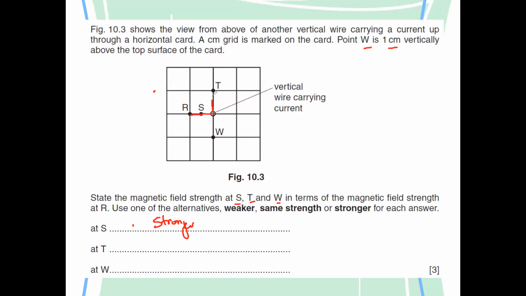R has the same distance as T. Irrespective of direction, because it has the same distance, the strength will be the same. And when we compare R with W, R and W also have the same distance, so they will also have the same strength. So irrespective of the direction, if the distance is the same, then it will experience the same force.